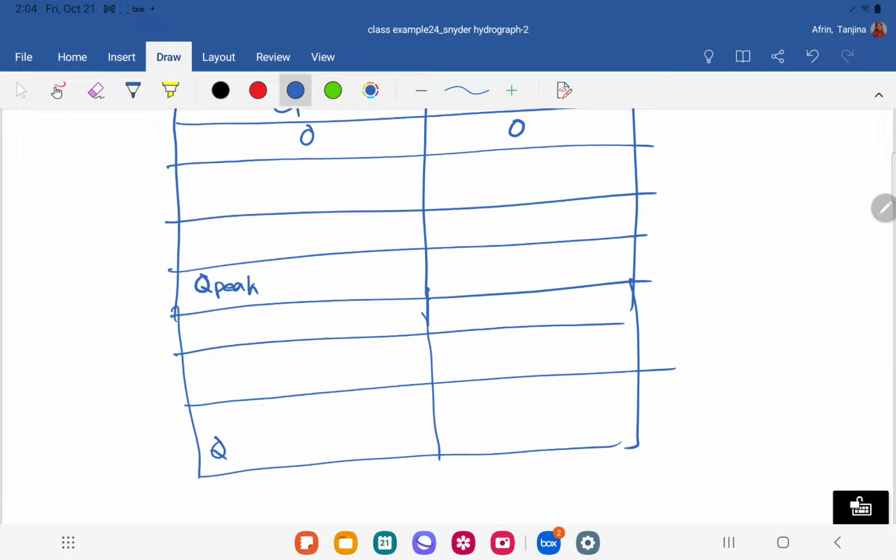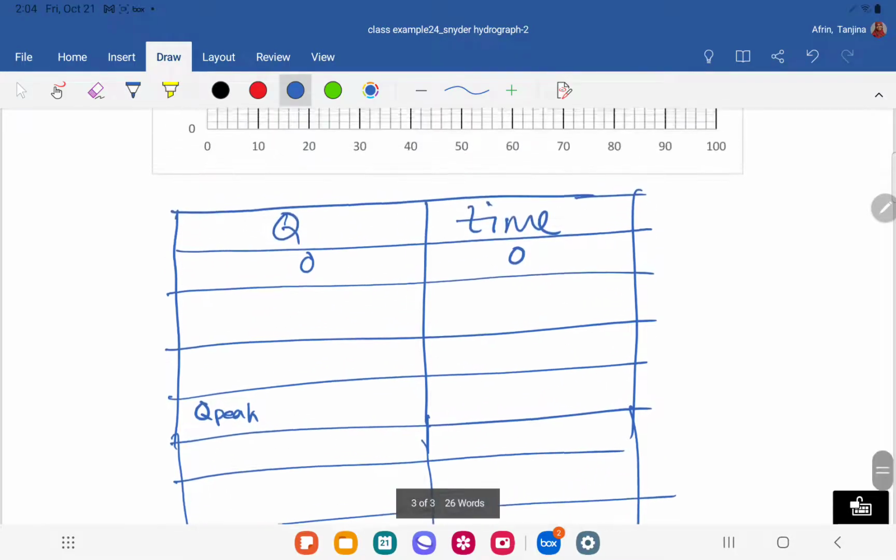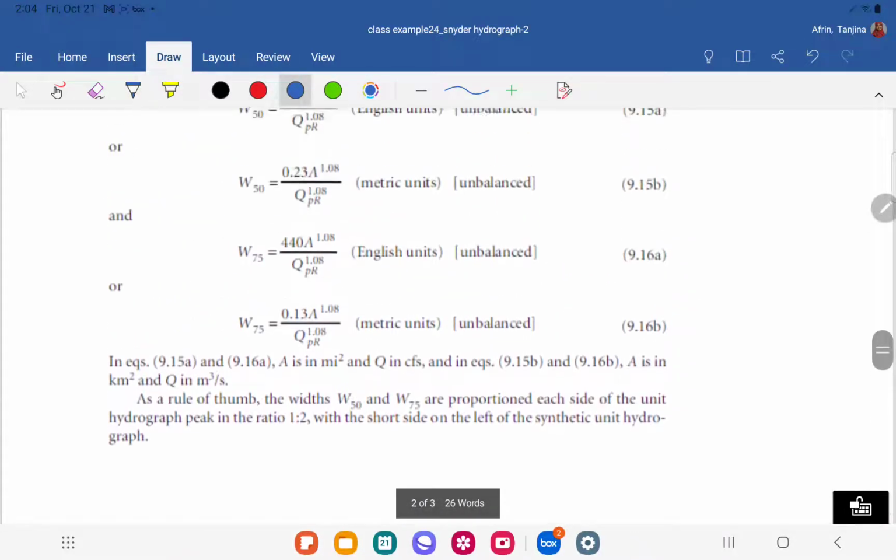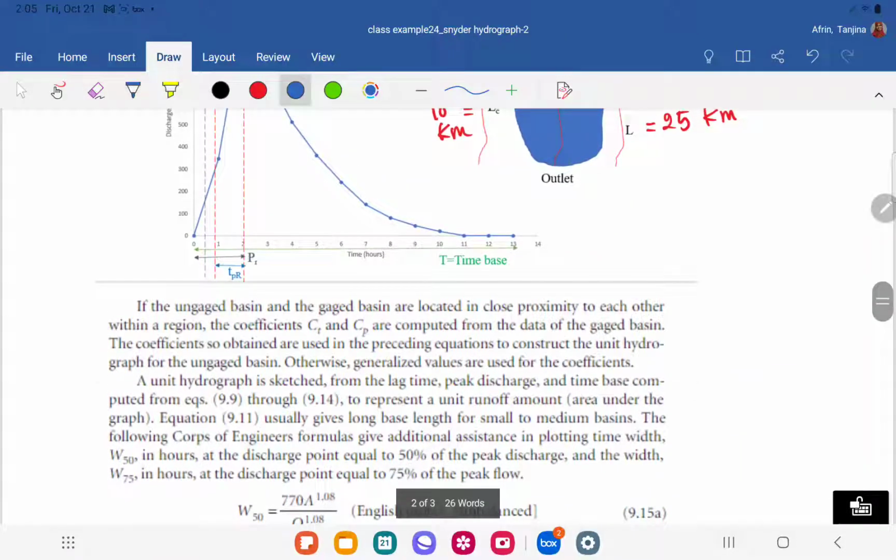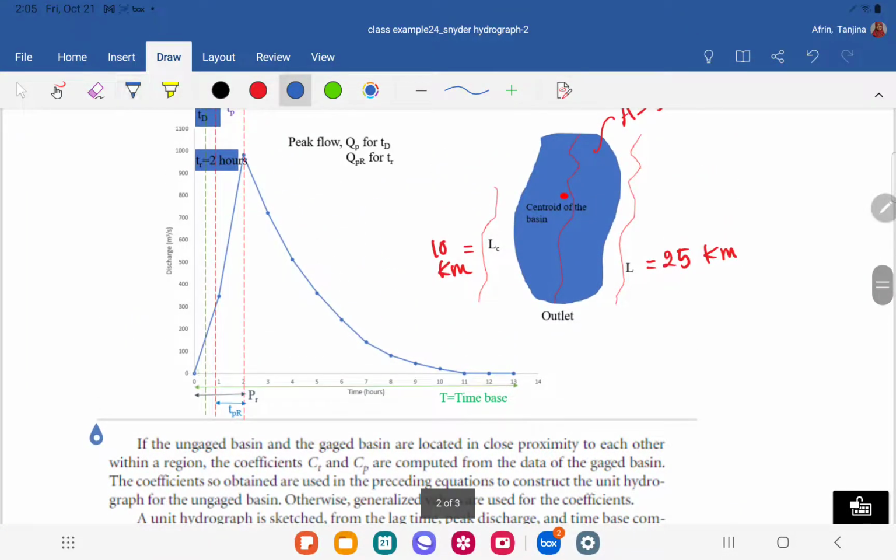So what we will do now, we will find out the next step. We already know 0 0, we know this one, Q peak. Now the next step, we will try to find out the very final one.